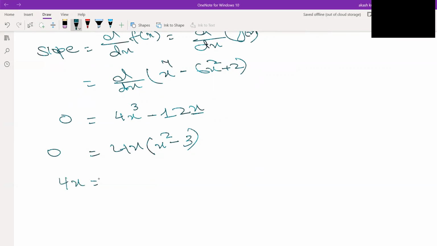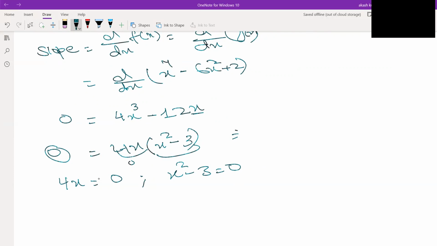So 4x equals 0. Can we equate 4x equals 0 and then x squared minus 3 equals 0? Yeah, because we have two factors separately. Both the factors are equal to 0. If one factor is 0, it makes the whole product 0.